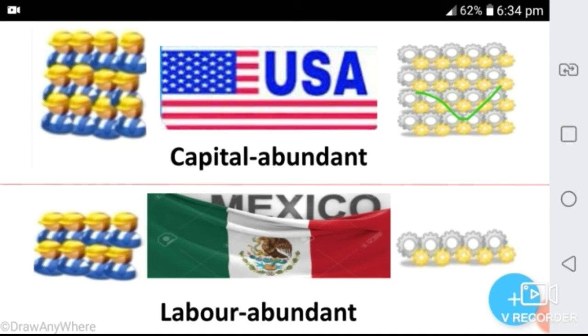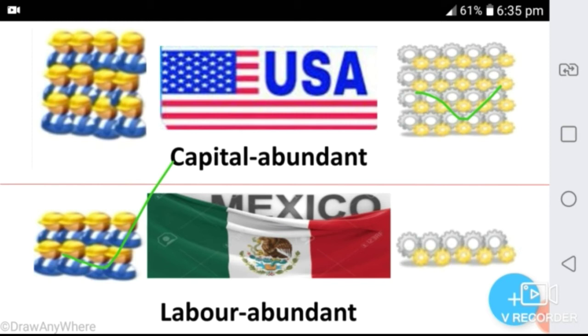So, the US is a capital abundant country. Here, capital is greater than labor. Then similarly, there is more labor per unit of capital. Here, labor is greater than capital. So, Mexico is a labor abundant country.